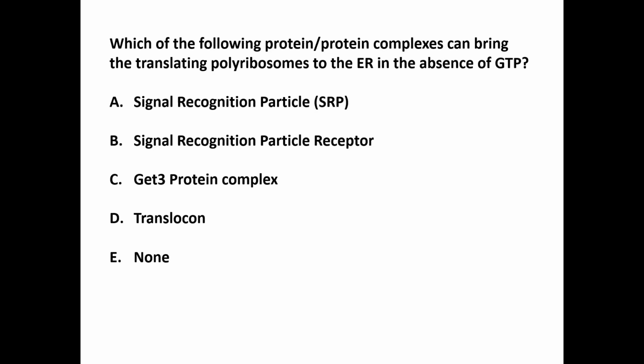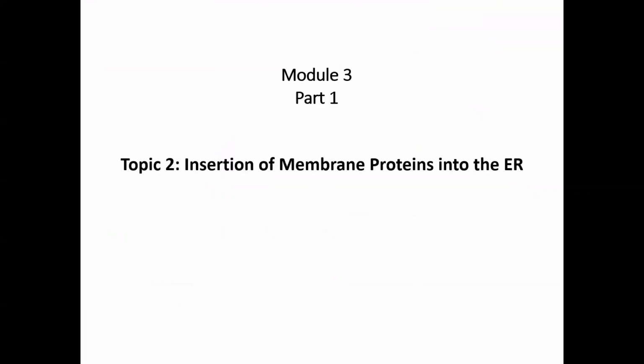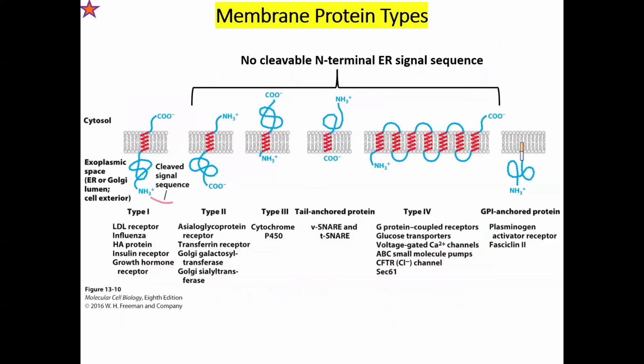So let's go back to the material a little bit so that we can just recap that. Essentially, what you can see right here, if we're looking at the transmembrane proteins, all of these, except this one, use SRP, signal recognition particle, and the signal recognition particle brings that to the ER cytoplasmic domain.